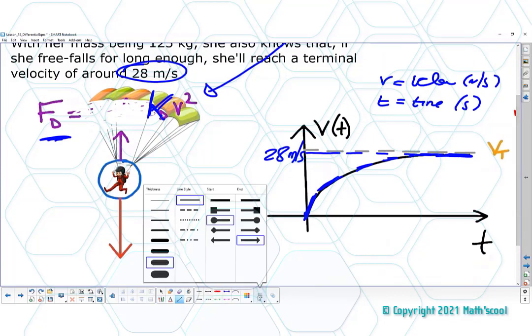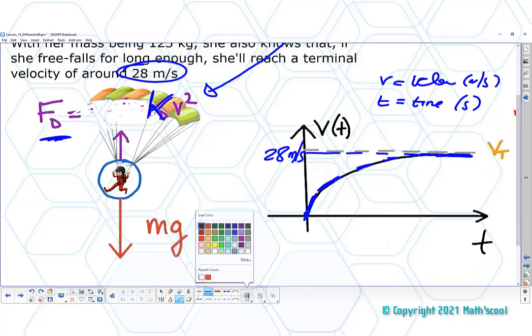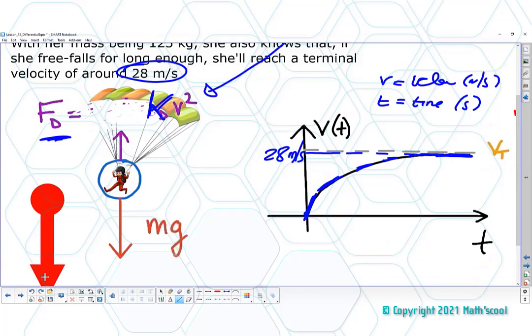Yeah, she's going down. You're going down. Okay, do positive force minus negative force equals ma. mg minus k squared.